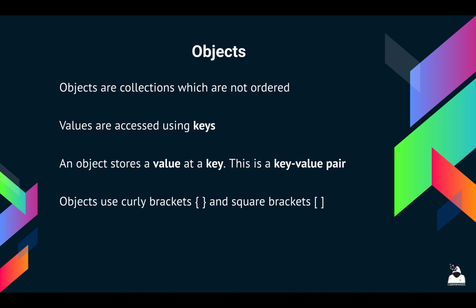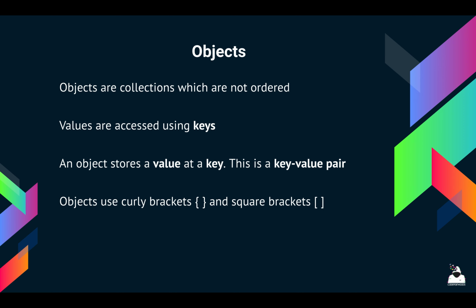And therefore, we can be much more descriptive with what the value being stored at this position is. It's not the first position, it's the position that represents a name or an age or a usage stat or something like that. So an object stores a value at one of these keys, and this is a key value pair. So key value storage: a key value pair is one key that's a string and one value that's anything.